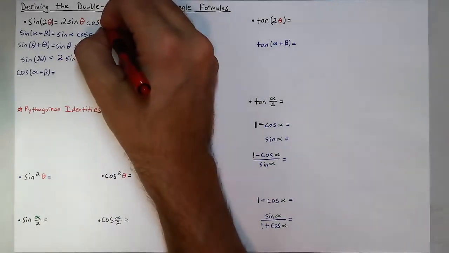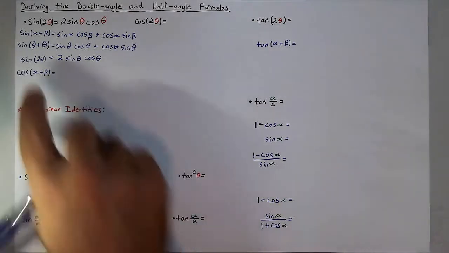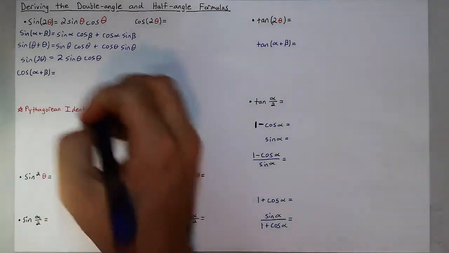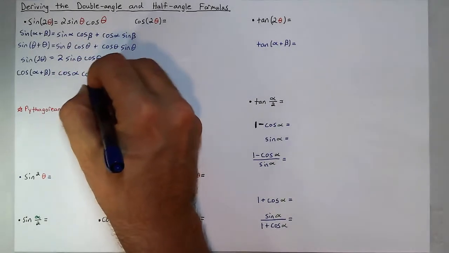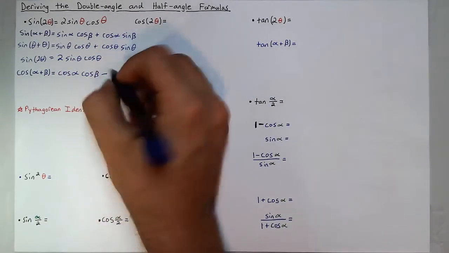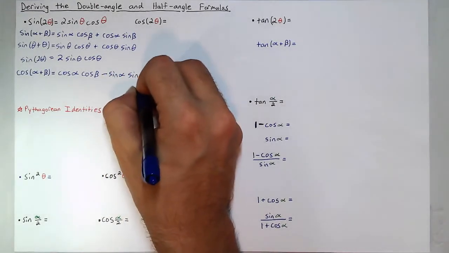And the way we get the formula for cosine of 2 theta is actually very similar. We'll look at the sum formula for cosine, which is cosine of alpha cosine of beta minus sine of alpha sine of beta.